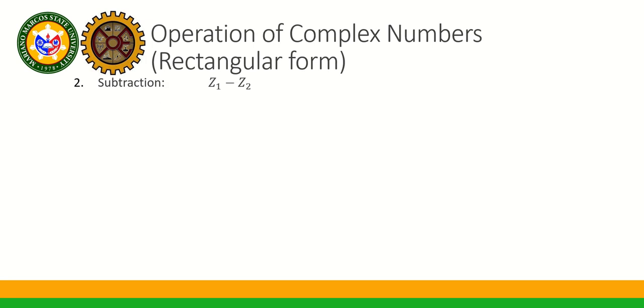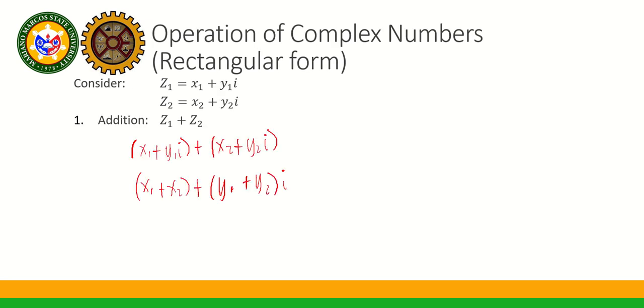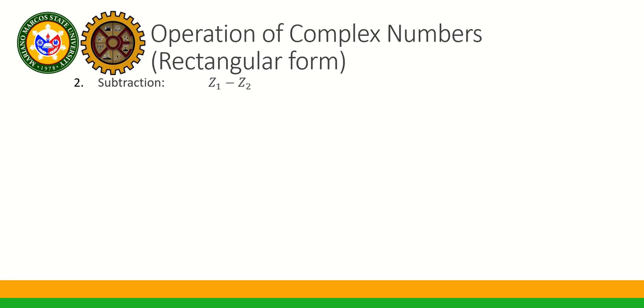Sa subtraction naman, considering yan pa rin na si z sub 1 and z sub 2. So, sa subtraction naman, we write si z sub 1, which is x sub 1 plus y sub 1 i minus x sub 2 plus y sub 2 i. Oh, sorry.